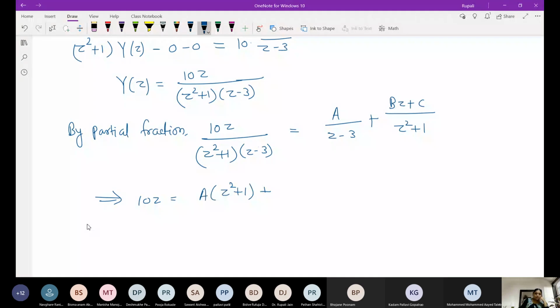Simplify and tell me what is A, B and C. What is the value of A?